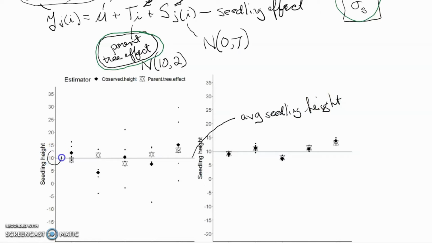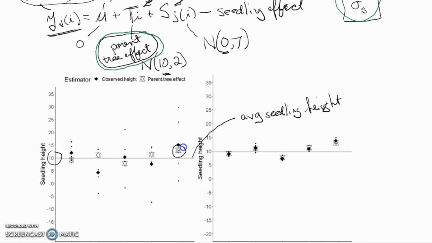And it's about 10, which is not terribly surprising because the intercept was equal to 0. The random parent tree effect had a mean of 10, and the random seedling effect had a mean of 0. So when you average over the 25 observed seedling heights, it's not surprising that they would be close to 10.